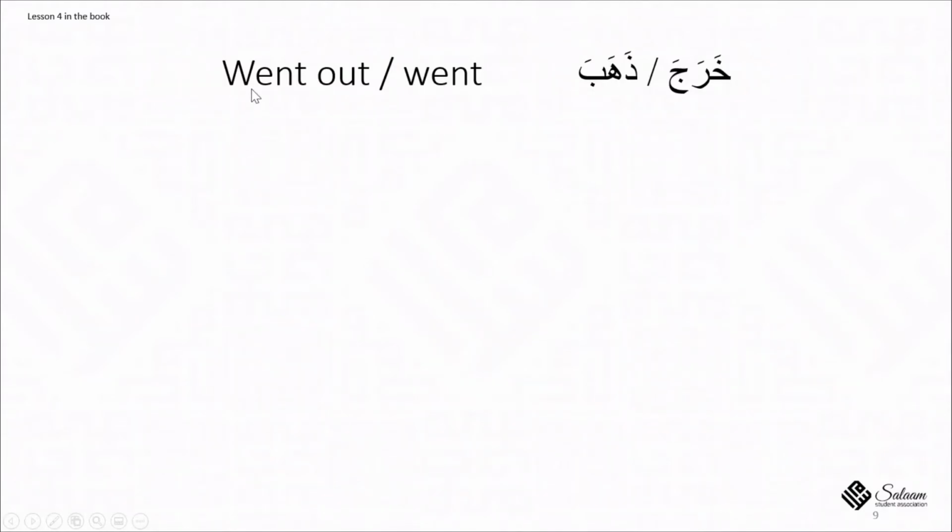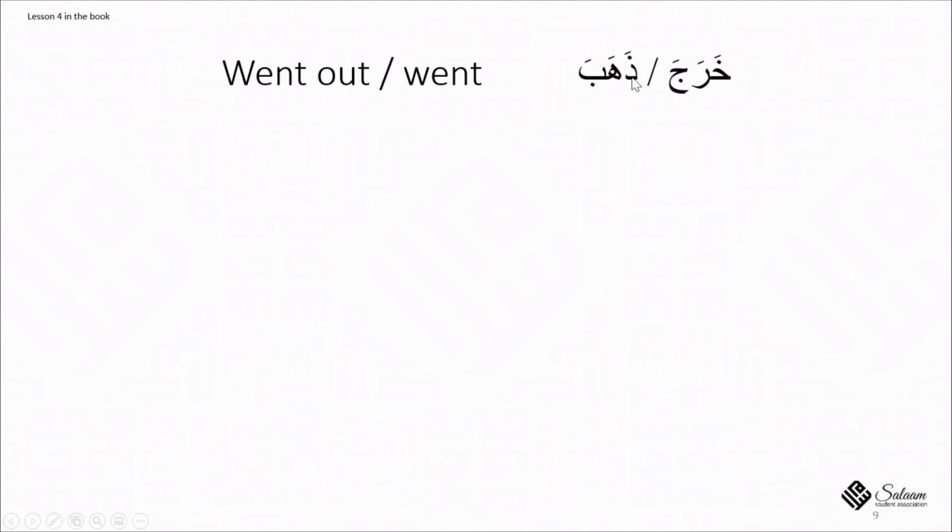Now about these two verbs, we are going to put all this information inshallah together in one example in a couple of minutes. In this lesson, there's only two verbs. These are the first verbs that we have in the lectures, which is verb kharaja and dhahaba.